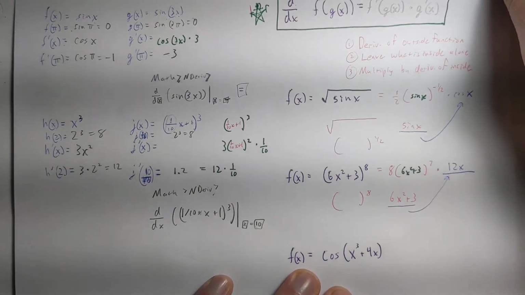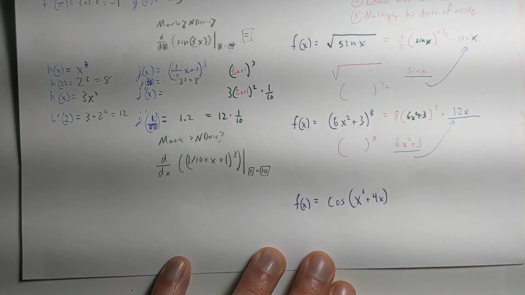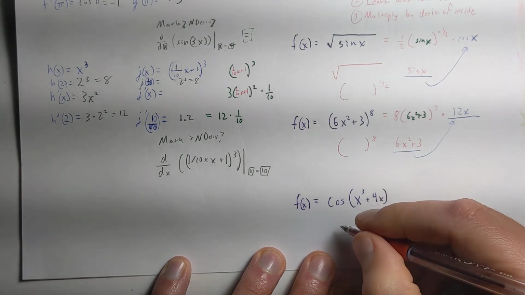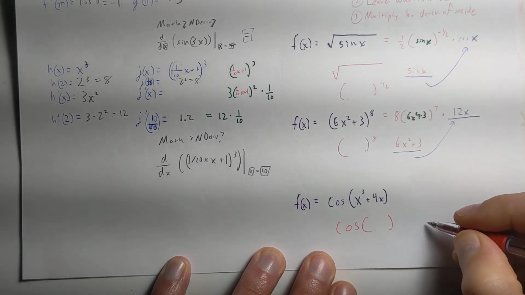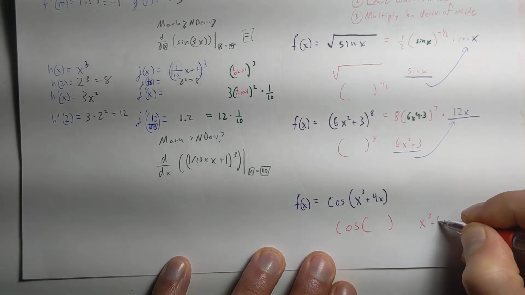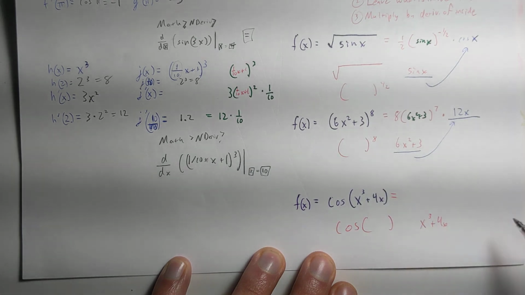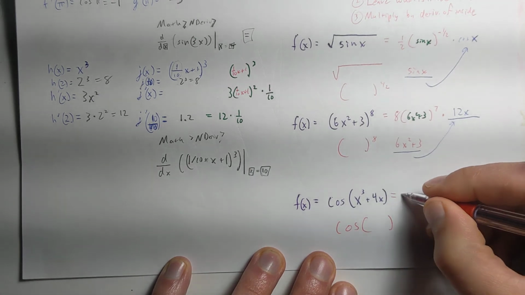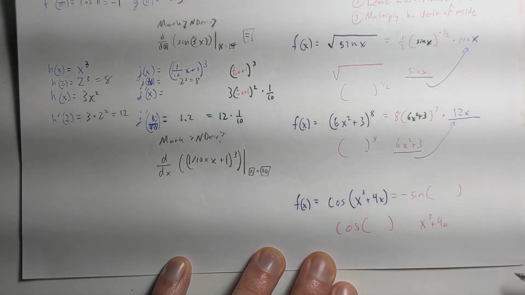On this bottom one down here, what is the outside function? The outside function is cosine of whatever. The inside function is x cubed plus 4x. So if I'm deriving through the outside function, the derivative of cosine is negative sine of whatever it is.